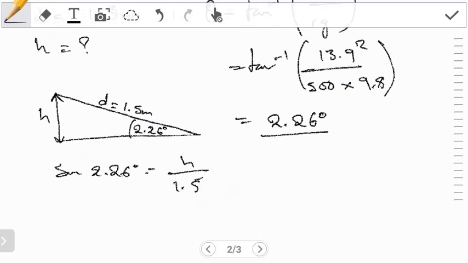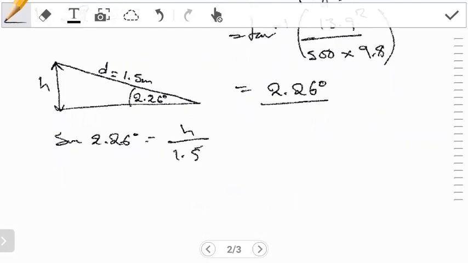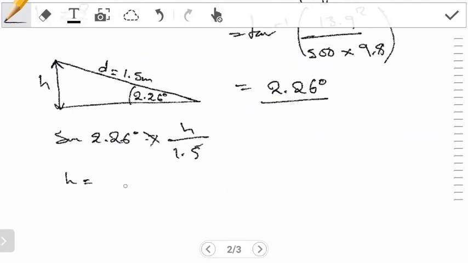From here, cross multiply, you see that h is equal to 1.5 multiplying sine 2.26 degrees.